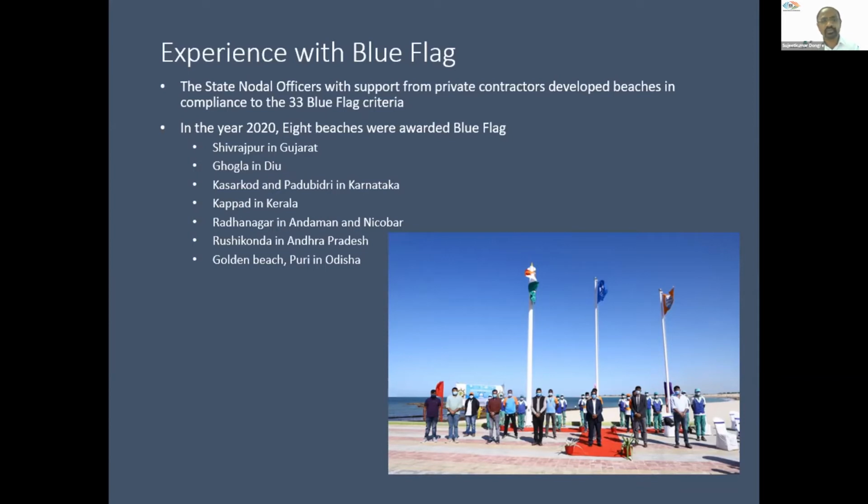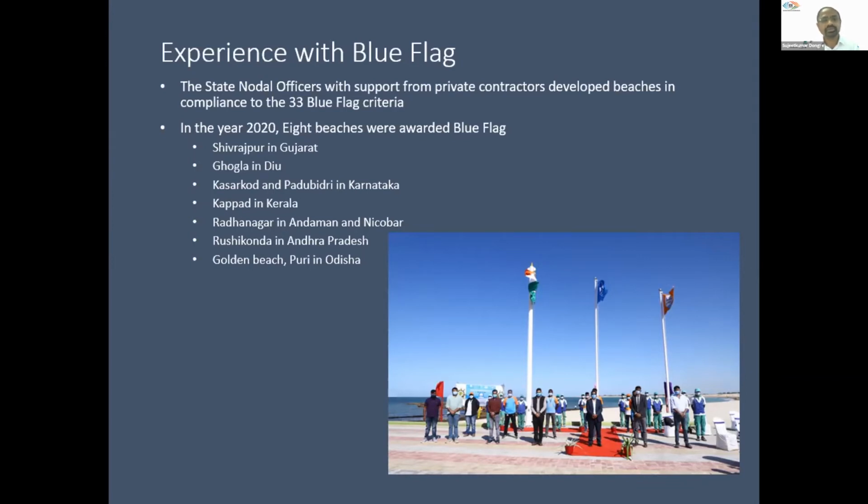Fortunately, we worked almost 2 years, and within 2 years we were in a position to get 8 beaches out of the 13 beaches we worked on a pilot basis. 8 beaches were ready to apply for the final award, and we are very happy that India also achieved the Blue Flag. Currently, we have 8 beaches.